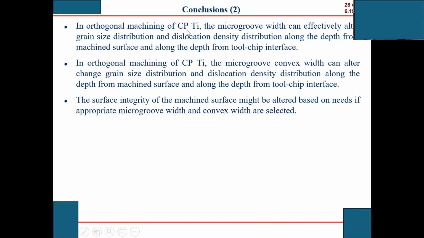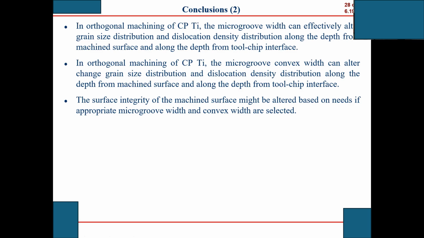So in the machining of CP-Ti, the microgroove widths can effectively alter the grain size distribution and distribution density along the depths from the machined surface, right? Machined surface going down, and along the depths from the tool chip interface. That is from the tool chip interface and going inside, this is a chip.